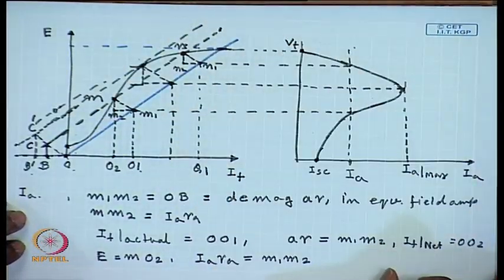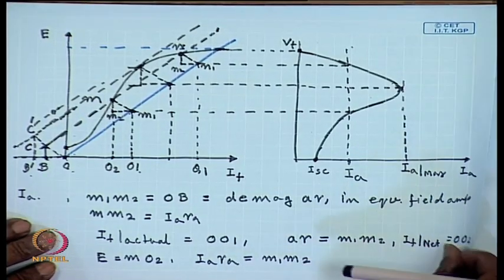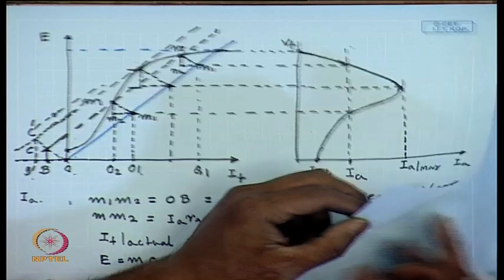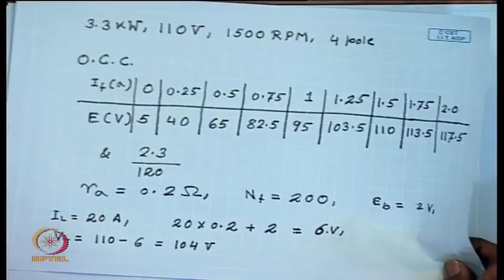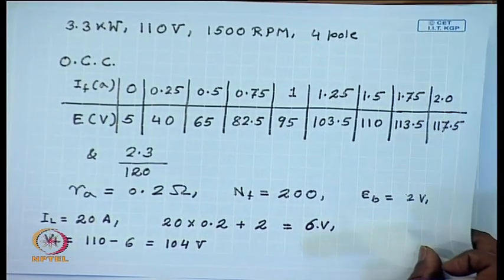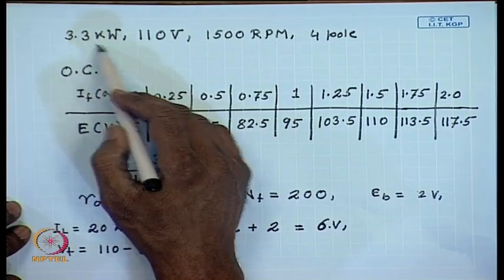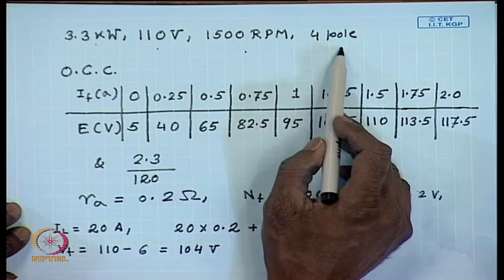Now, again let us look at the previous problem, the same machine, in case it is operated as a shunt generator, how the terminal voltage will vary. In this case, this was the given machine data: 3.3 kilowatt, 110 volt, 1500 rpm, 4 pole machine.